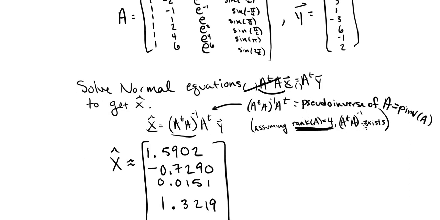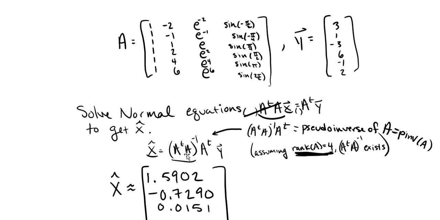And when I take this matrix transpose, A transpose, times itself, invert that mess, multiply by A transpose, and then multiply all that on y. It's a lot to do there. Make sure you got all that.